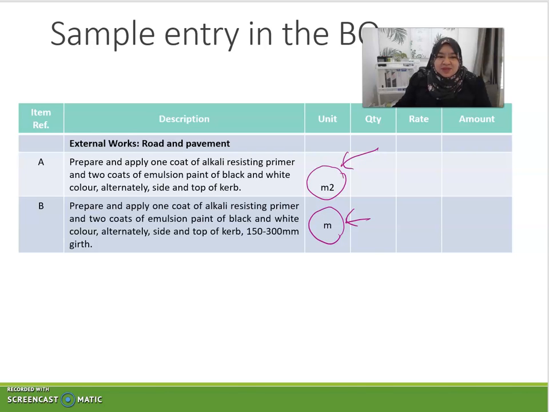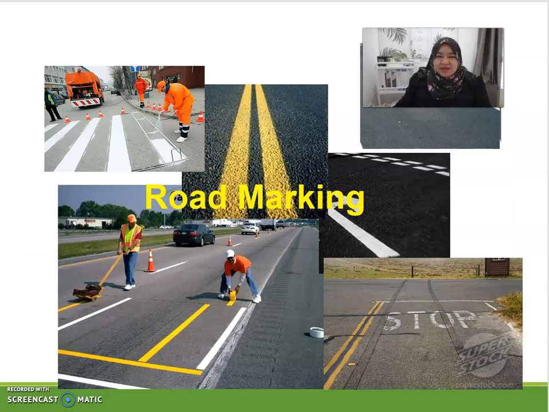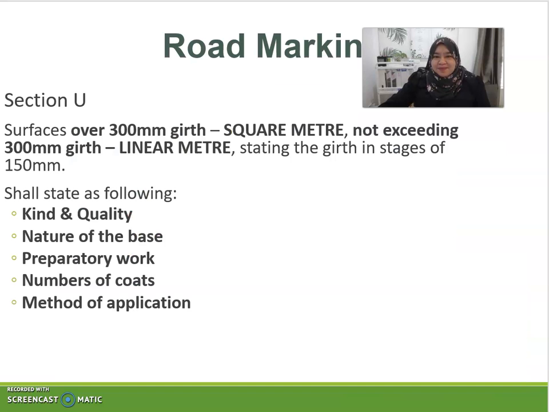And next one is road marking. Road marking is also under painting, under section U. If surfaces, as mentioned previously, are over 300 mm girth, it should be in meter square. If it's not exceeding 300 millimeter girth, it should be in meter, and you need to state the girth in stages of 150.